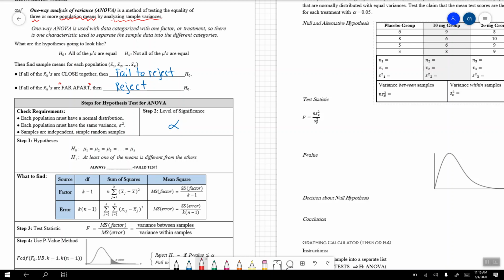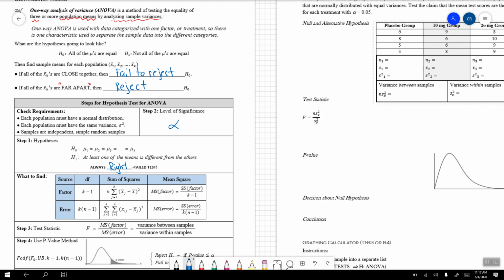Now, what type of test is this always going to be? This is always going to be a right-tailed test. Very similar to when we were working on chapter 10 with correlation. With correlation, we were always using a right-tailed test, and then after that we went into chapter 11 when we were working with contingency tables, goodness of fit.